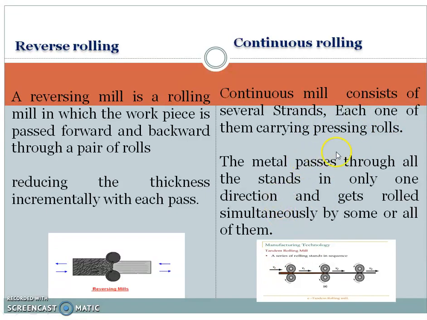The metal passes through all stands in only one direction and gets rolled simultaneously by some or all of them. Once the metal goes here, it will not come back. It is only a one-direction process, so the metal is going continuously. That's why it is called continuous rolling, and the other is called reverse rolling.